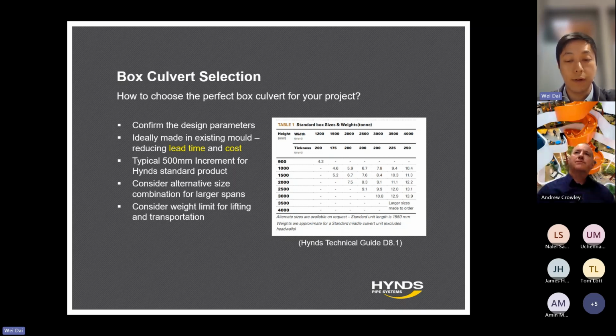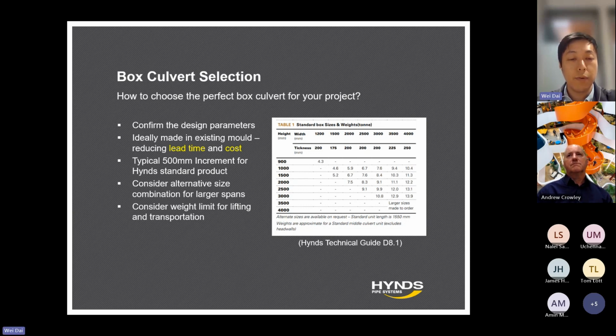Say if you are after a 6 by 3 meters box culvert, where 6 meters represents the span, you can replace the selection with a dual line of 3 by 3 box culverts, which enables you to have a smaller self-weight on the box culvert, easier for handling and lifting, and possibly lower cost as well.